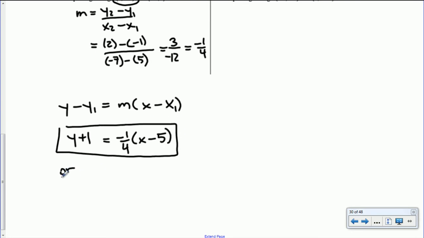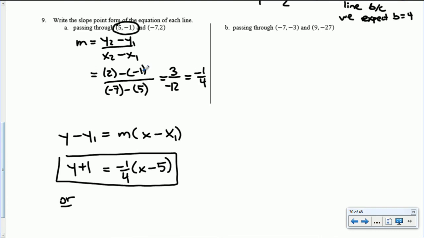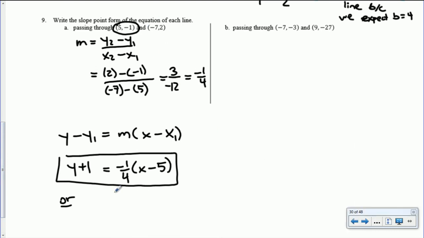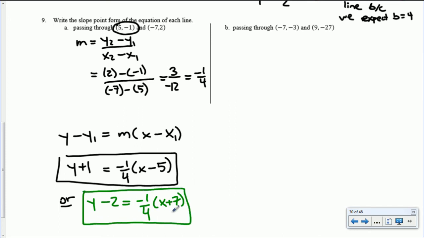Or if I had chosen the other one, I could choose this one just as easily, just as valid. I would end up with y subtract 2 equals -1/4 x plus 7. So even though these appear different, if you converted these to the form y equals mx plus b, you would get the same thing.